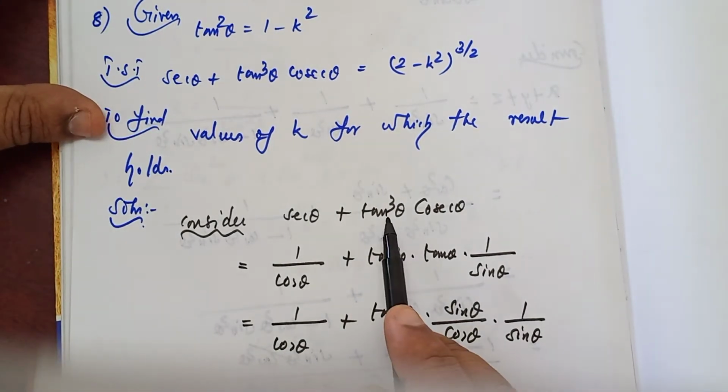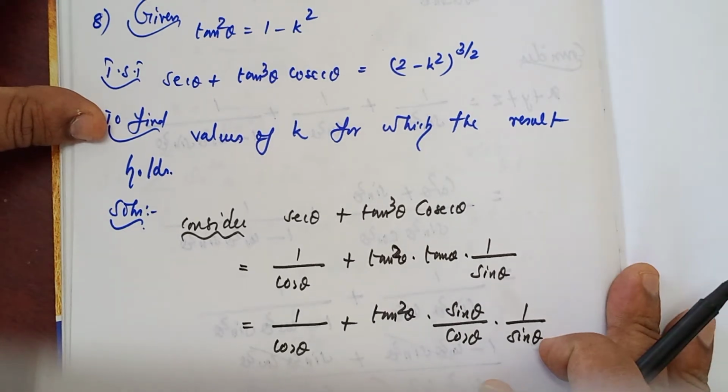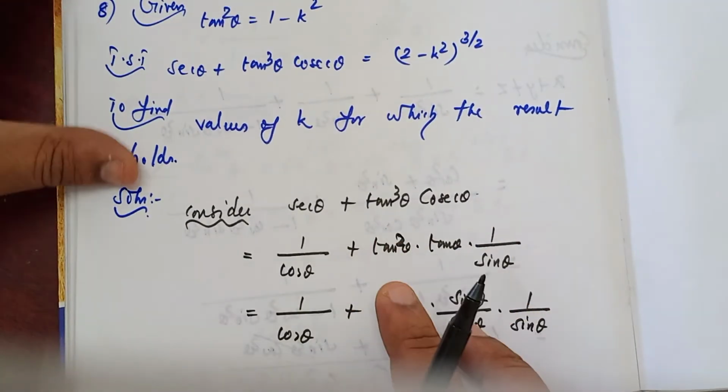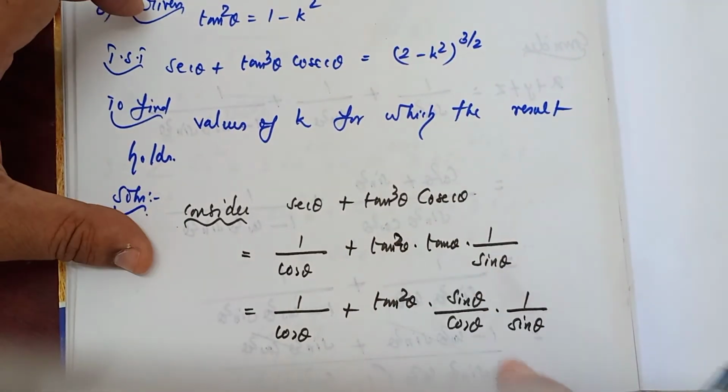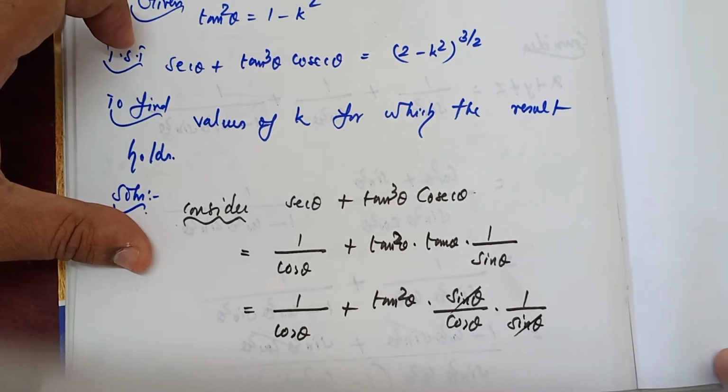The reason for separating tan cube theta into tan square theta into tan theta is because we know the value of tan square theta. At the same time, these two sin get cancelled.